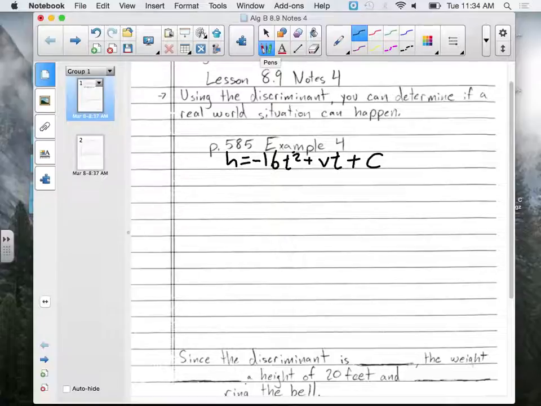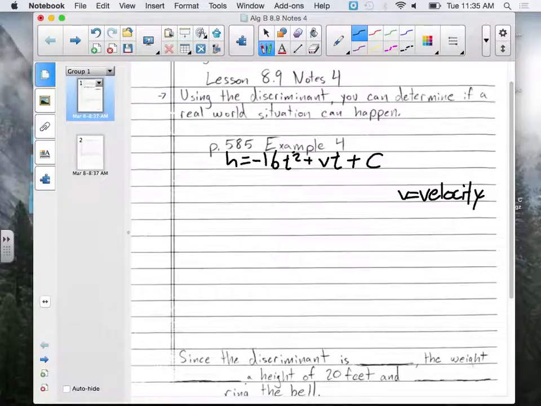Wouldn't the V be the height we started with? Wasn't V the feet per second maybe? Okay, so what are they talking about in the question? When you say feet per second, they say velocity. Okay, so V stands for velocity.